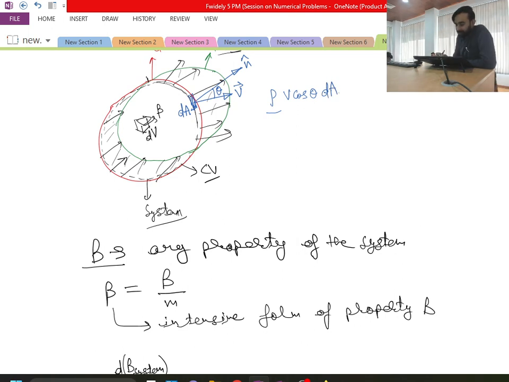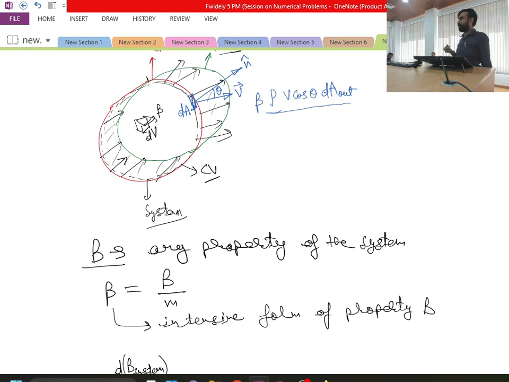This dA is the portion of the control surface through which the velocity is going out. This is the total mass going out through the area dA. When this mass goes out, from thermodynamics we know that mass also carries a certain amount of property with it. Say beta is the property it is carrying with it.